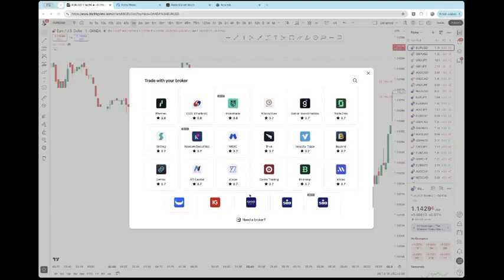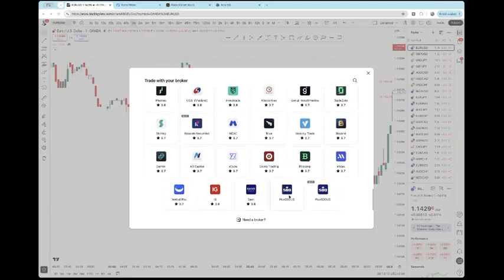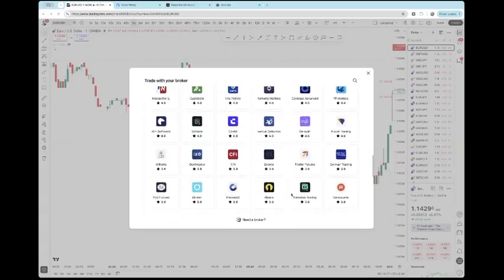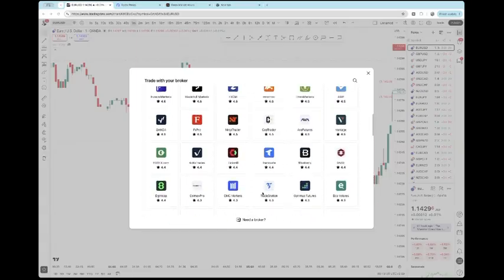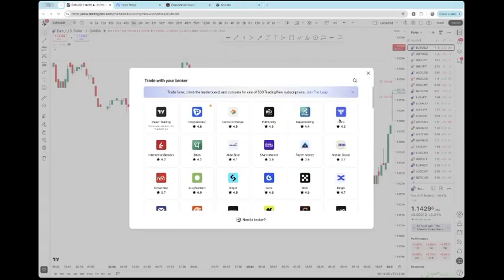Saxo is used by a couple of people, but they are not happy. Plus500 is also good for futures. For example, you are going to open an account.